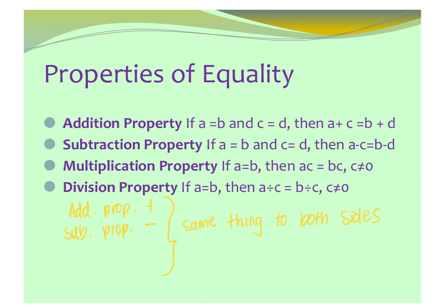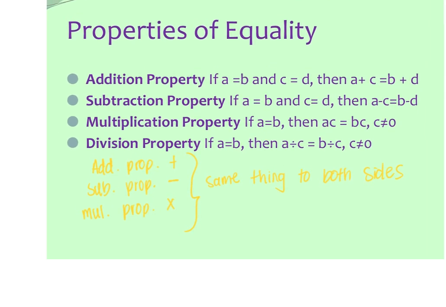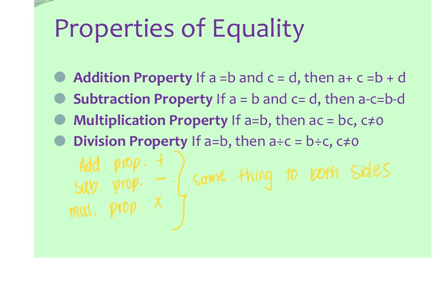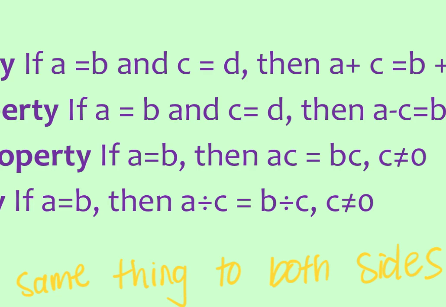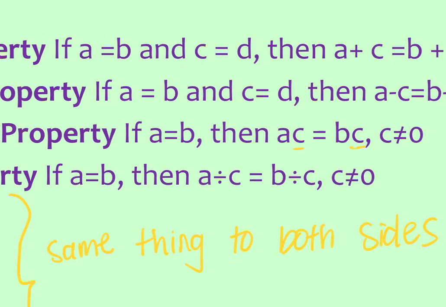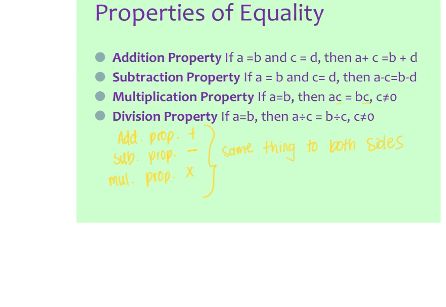So if C equals D, then A minus C equals B minus D. That would be if you were subtracting 9 from both sides in order to get your variable alone, okay? Multiplication property of equality, that's where you multiply both sides by the same thing in order to get something alone. So that's where, let's say we were taking C, we wanted to multiply both sides by that C in order to keep the equality, okay? And then the division property.